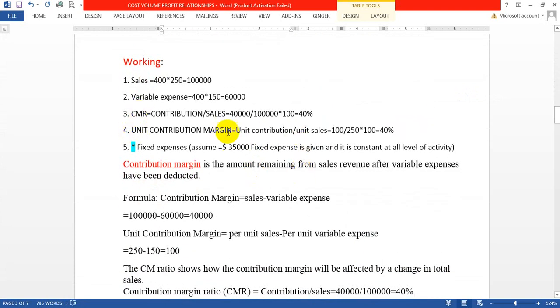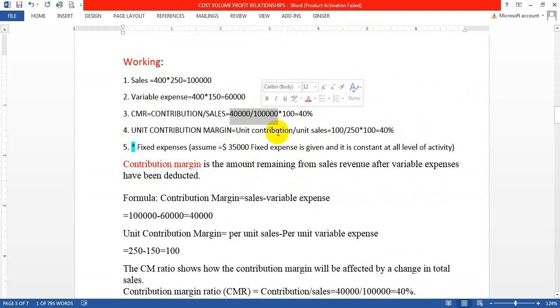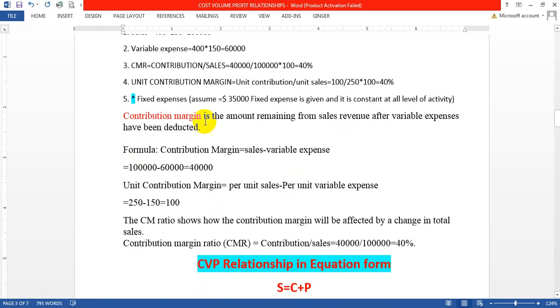Whether you take total or per unit, the answer will be the same in total CMR or unit CMR. Okay, what is contribution margin ratio? The contribution margin is the amount remaining from sales revenue after variable expenses have been deducted.